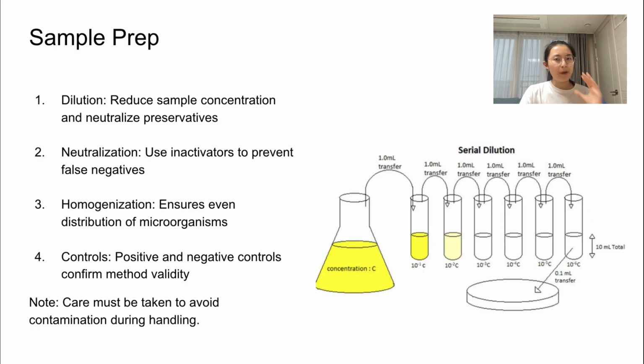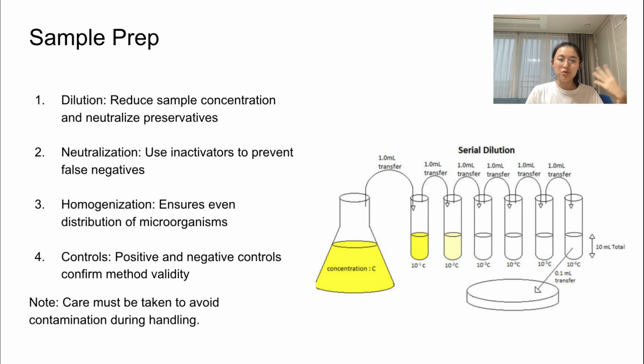Now then, how do we prepare a sample and get it ready for an MLT test? Correct sample preparation is essential for accurate MLT tests, and this process involves the following. First, dilution. We try to reduce the concentration and eliminate the inhibitory effect of the excipients or preservatives, so we dilute it down.